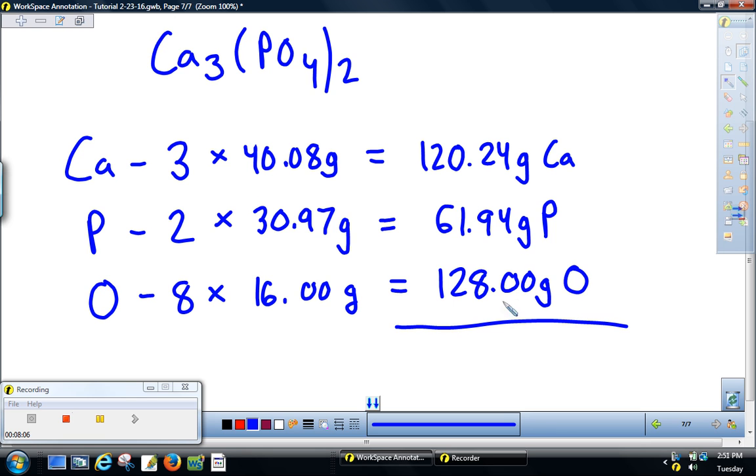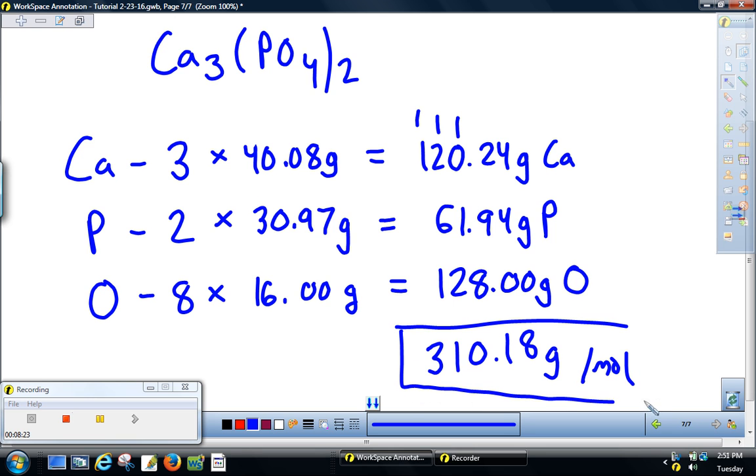Added together, we got 8, 11, carry the 1, 2 and 8, 0, carry the 1, 3, 9, 11, carry the 1. And so we get calcium phosphate is 310.18 grams per mole. So that's how we calculate the molar mass, the mass of a compound.